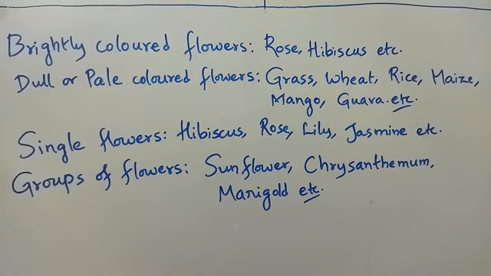Whatever it may be. If you take a general flower, a solitary flower, okay, it will have four parts. A flower generally has how many parts? 4 parts. From outside to inside, they are sepals, petals, stamens, and pistil. A flower has 4 parts.